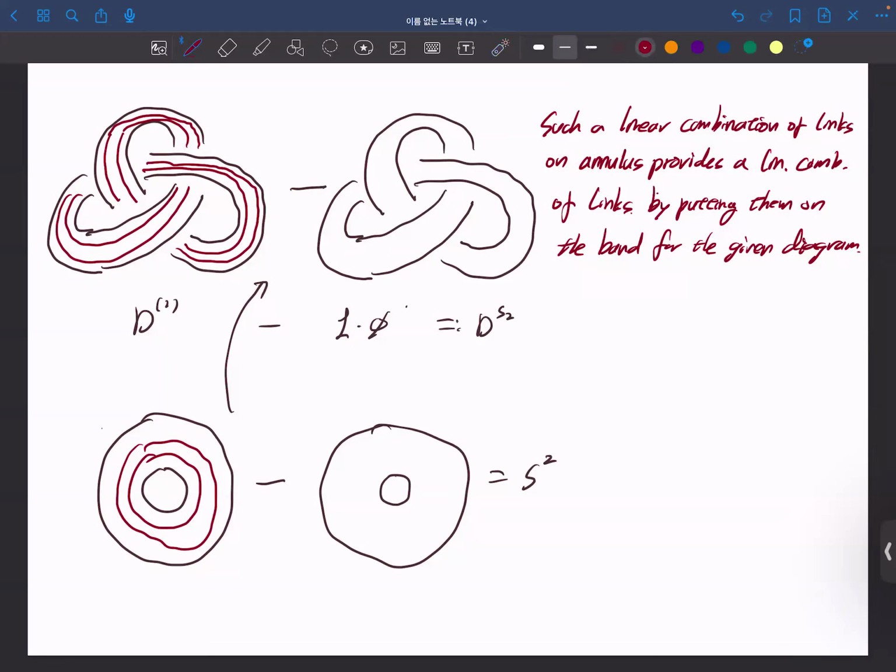So moreover, S2 is a kind of eigenvector of the operator. We change the band to this one.